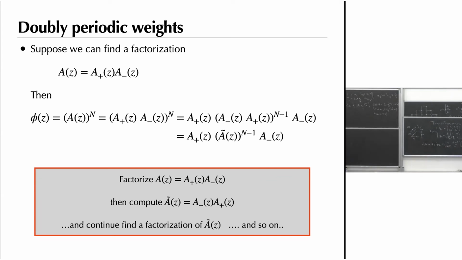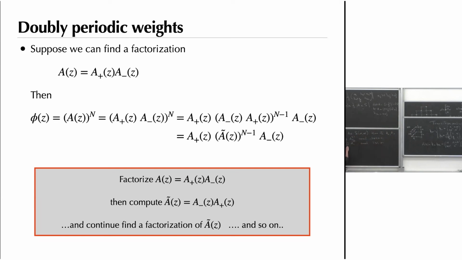Now there is just a little lemma. So if you have an A in my set, then there exist unique A plus and A minus such that A plus and its inverse are analytic for Z less than 1, and A minus is analytic outside.